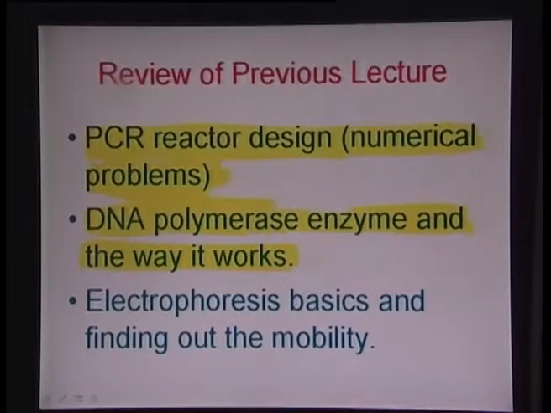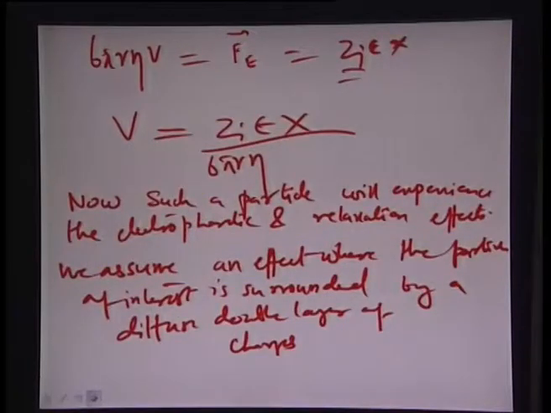Then we talked about some electrophoresis basics. Electrophoresis essentially is the movement of charge under an external electric field in a medium, and we started to find out mathematically what would be the electrophoretic mobility of the various ions. So we'll go ahead from there.